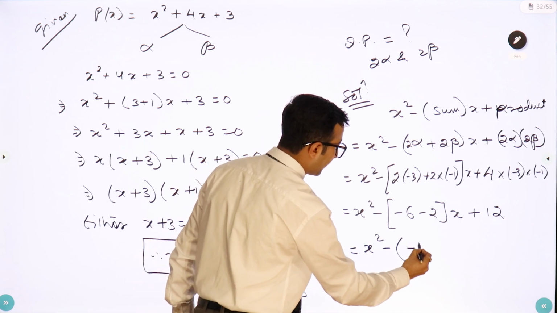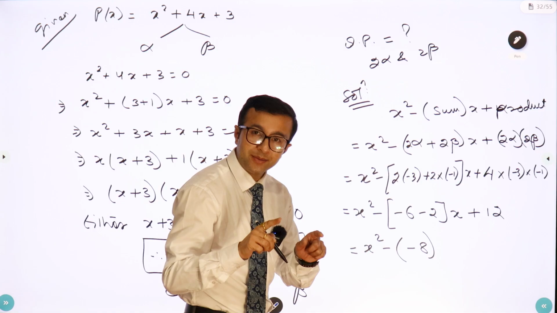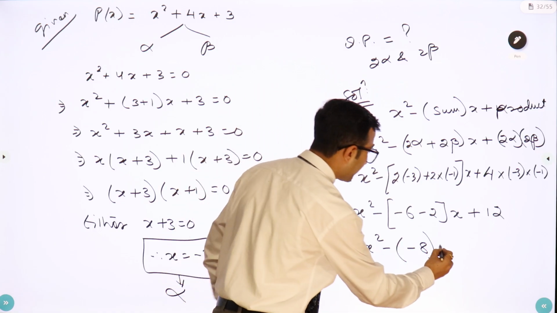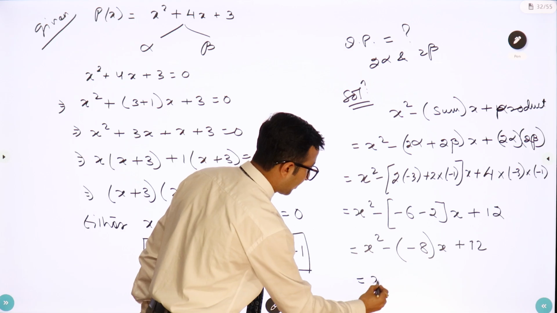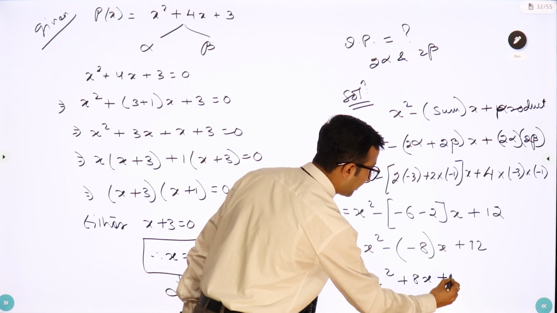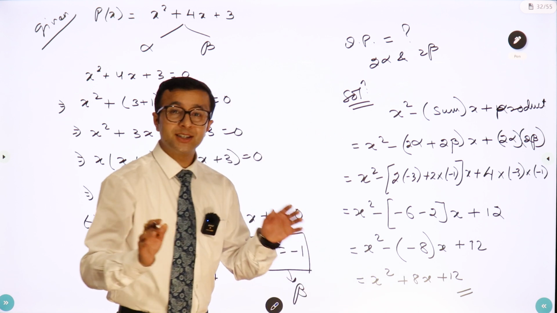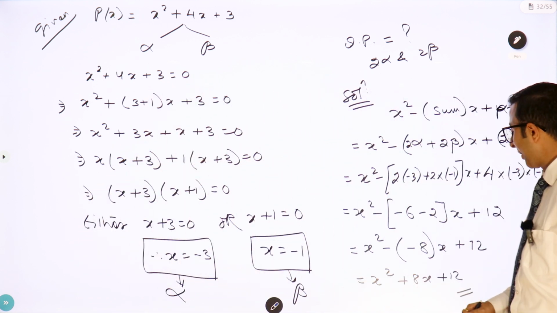X square minus, minus 6 minus 2 gives us minus 8. Same signs are added and opposite signs are subtracted. Plus 12. So the actual solution, minus into minus plus, is 8x plus 12. So this is the problem where we can find its solution as x square plus 8x plus 12.